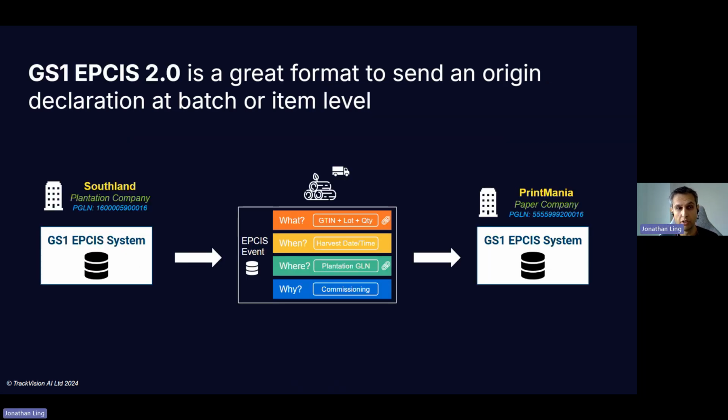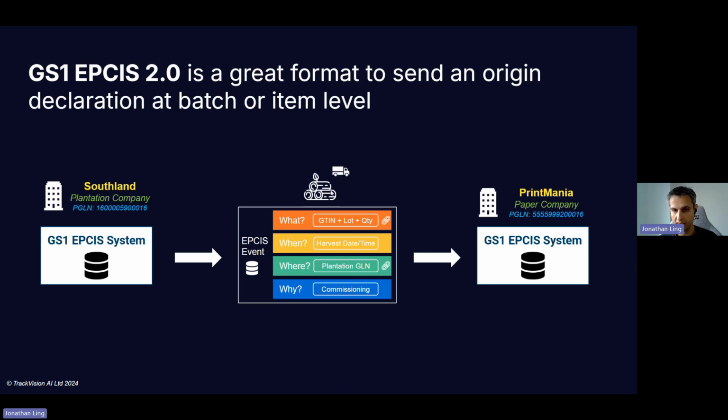So first of all, we're going to use an EPCIS message as the base format for the origin declaration. And we can do this at batch or item level with a serial number. In this example, we're going to give a batch number to the batch of wood. We harvested the wood from a particular plantation. The plantation has a global location number that forms the where dimension of the EPCIS event.